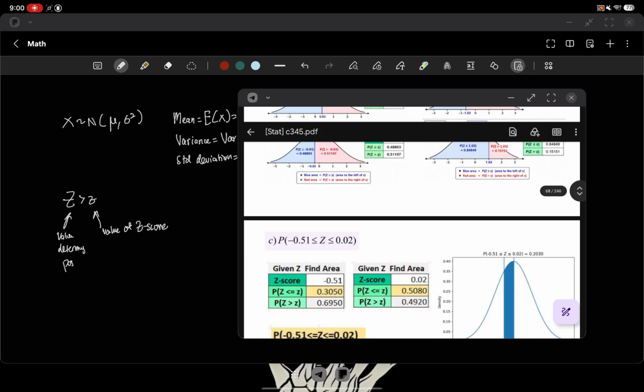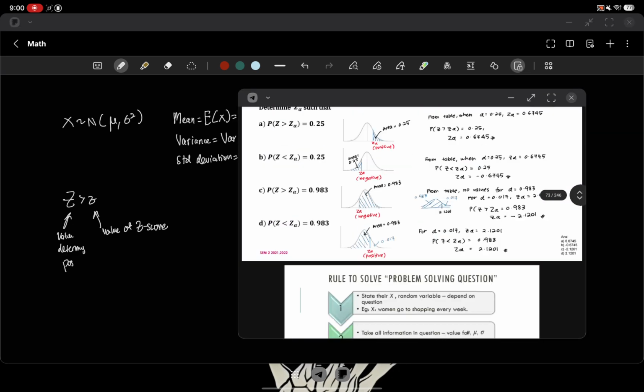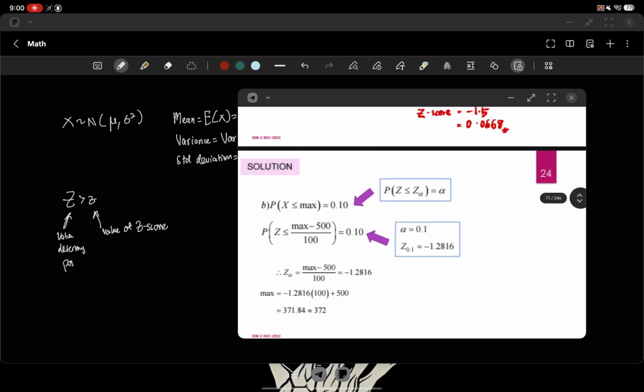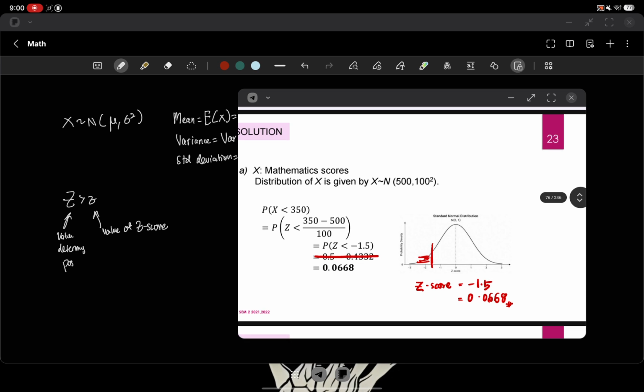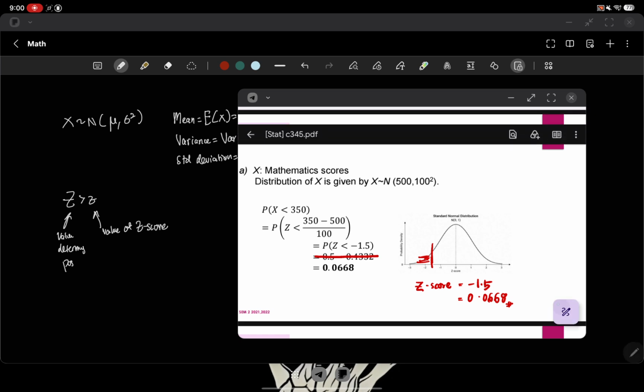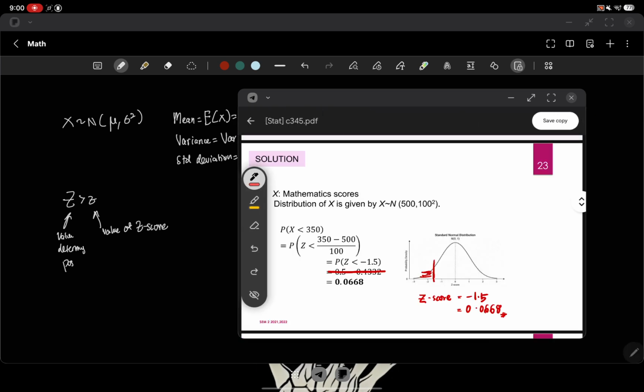Now the next example is to find the score. Okay, so in order to find the probability, we know that the equation is written as x minus mu over the standard deviation.